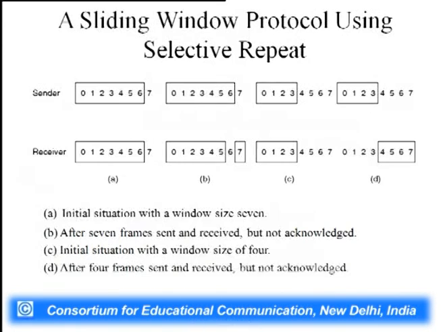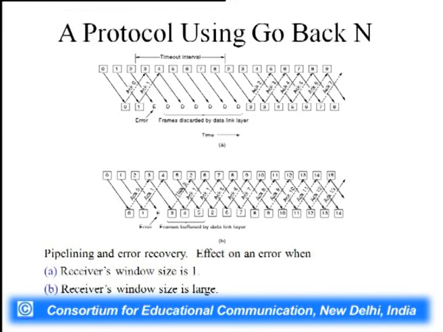Now, that means while you are transmitting, 1 is sent, 2 is sent, 3 is sent, 4 is sent, 5 is sent, and 3 is lost. That means the receiver must store frame number 4 and frame number 5.